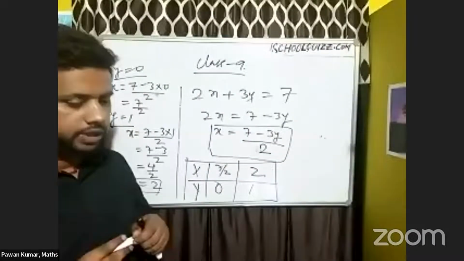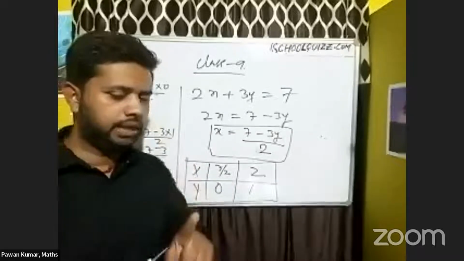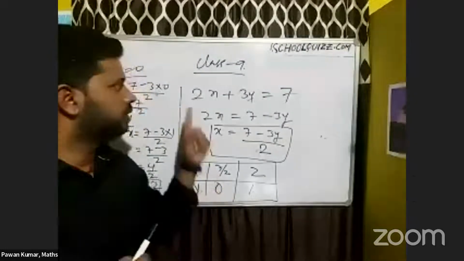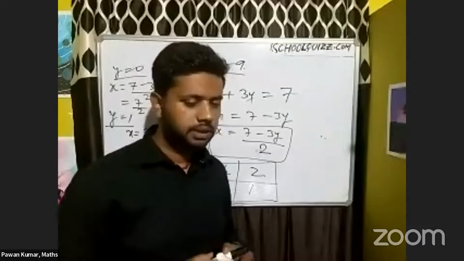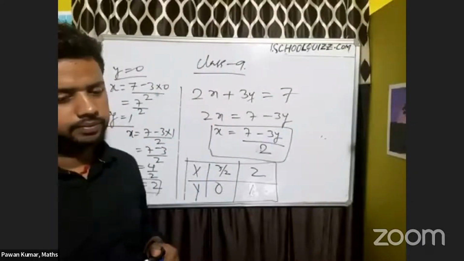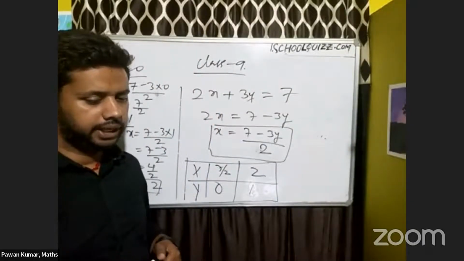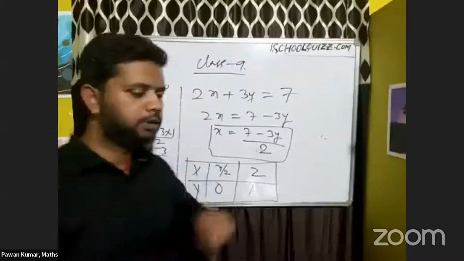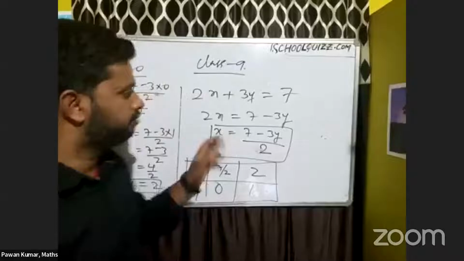Understand? Here you are having only one equation, a linear equation in two variables. Clear? Yes, sir. The value of y you have to predict, any value in an easy way.